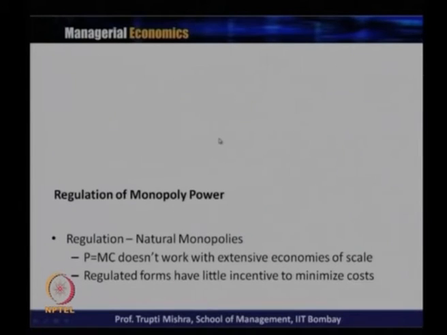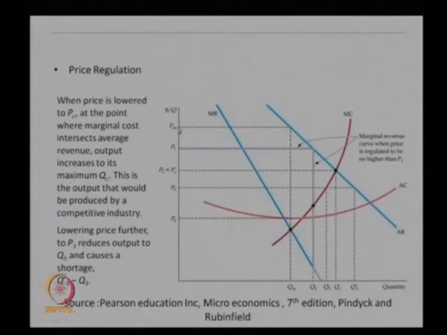Now, what is the regulation here? When we go on decreasing the price, from the monopoly price to the ceiling price, the output level increases from QM to Q1 and the price falls from PM to P1.